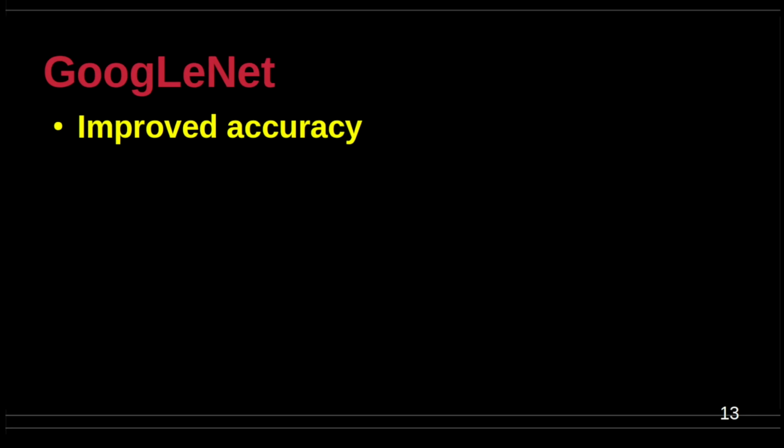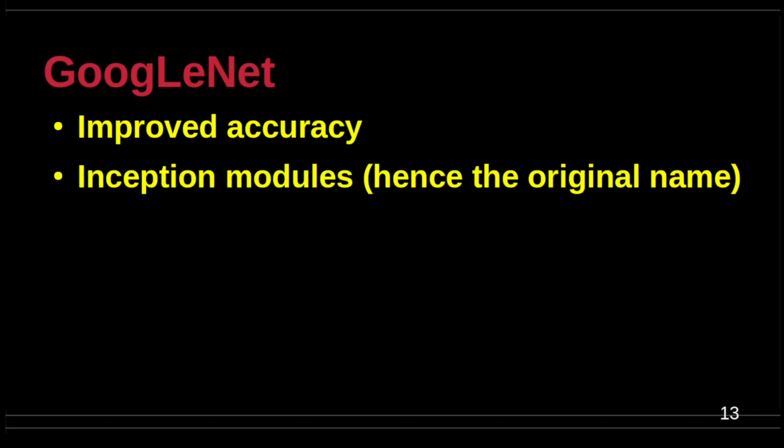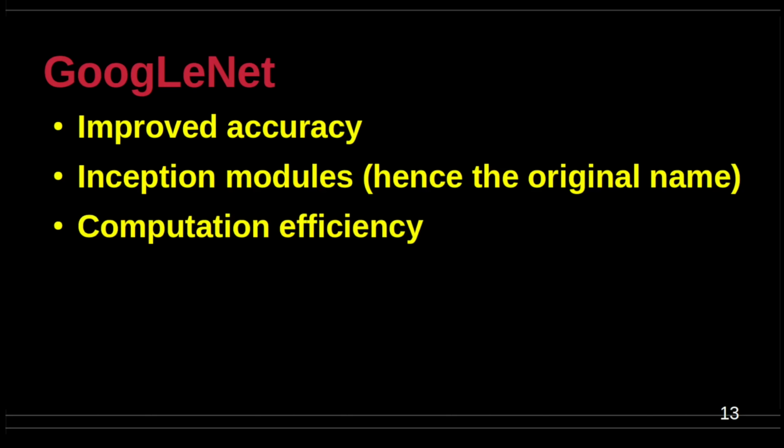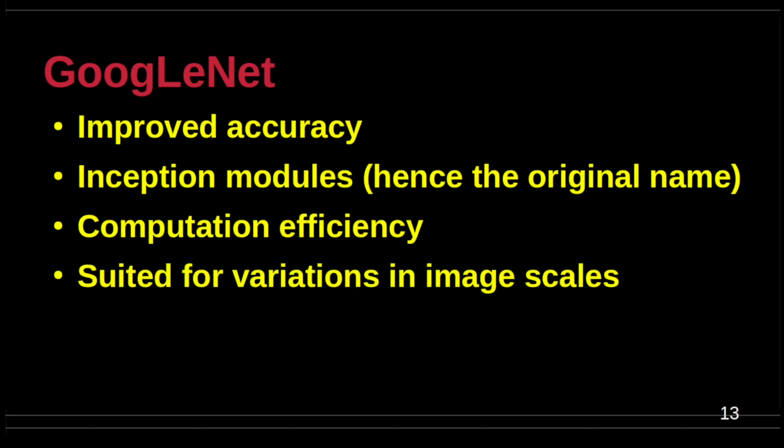GoogleNet, also known as Inception V1, was a groundbreaking convolutional neural network architecture that significantly impacted deep learning. GoogleNet achieved state-of-the-art image classification accuracy on the ImageNet dataset when it was introduced, surpassing previous architectures. The core innovation lies in the inception modules.